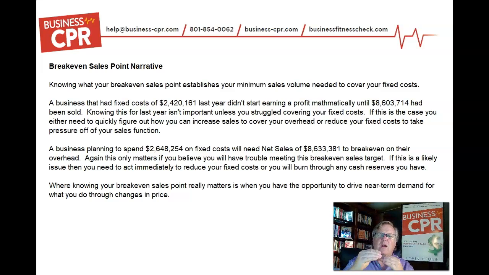It didn't just start to happen at $8.6 million. But the point of break even is important in that there had to be a minimum amount of sales to cover those overhead costs. This particular client wasn't going to add much to their overhead in the plan year, and so their sales only had to go to $8.6 million to cover their overhead nut.